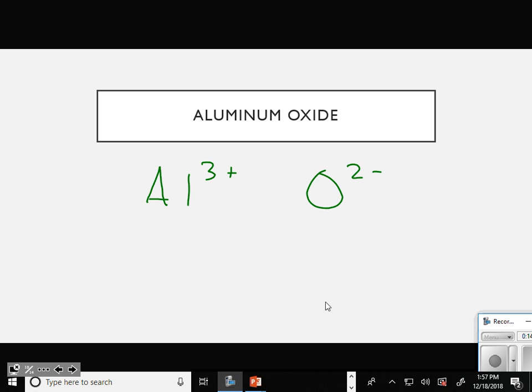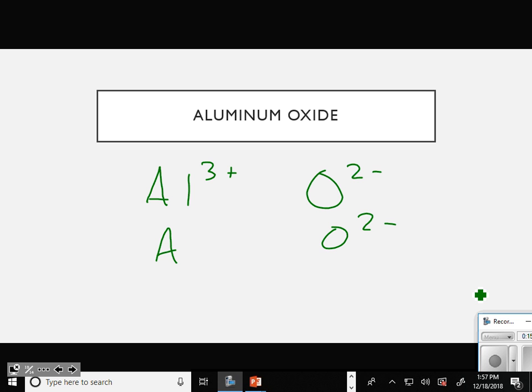Now, yet another way that we teach this, and we do this a lot more when we're dealing with physical science. If you took physical science, you've probably seen this before: I can see my charges are off balance. I've got not enough negatives. I've got too many positives. So when I add a second one of these, they're still off balance.